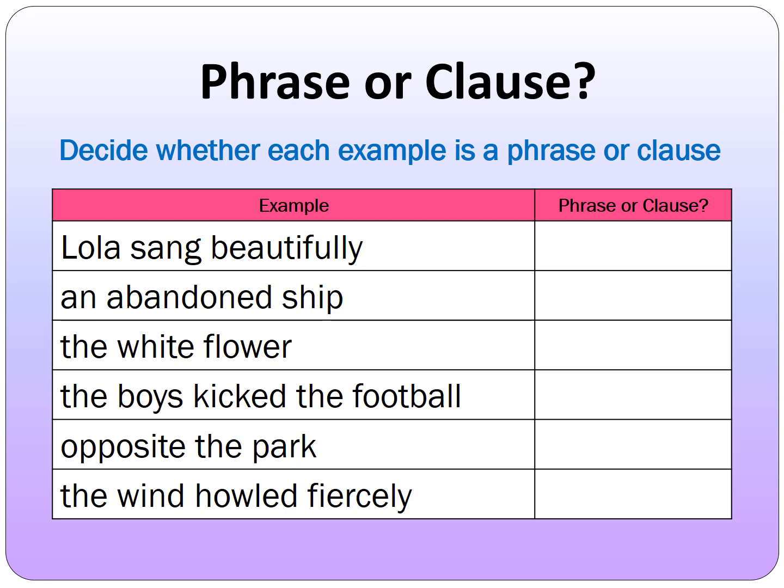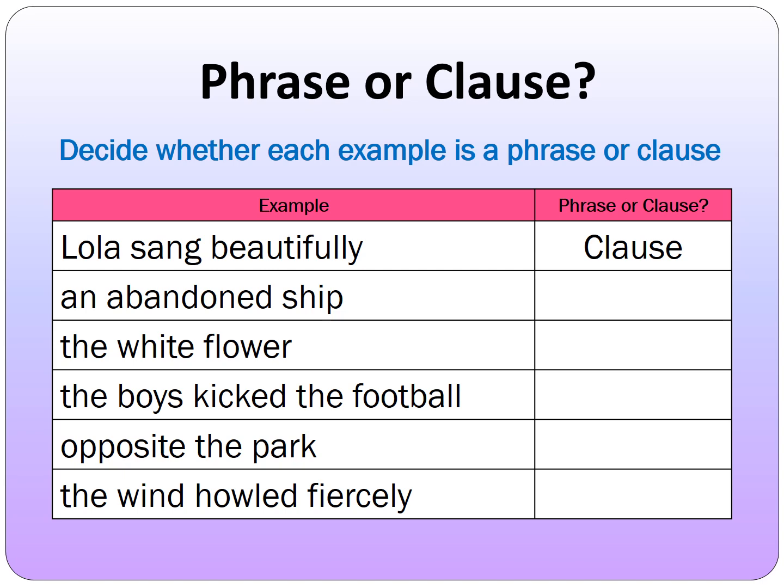Lola sang beautifully. Is that a phrase or a clause? The subject of the sentence, in this case, is Lola. The action that Lola is performing is sang. Lola sang. So number 1 is a clause.